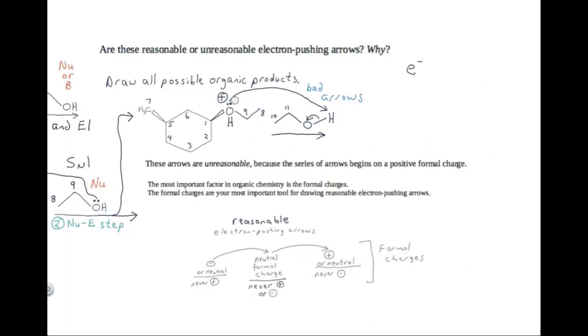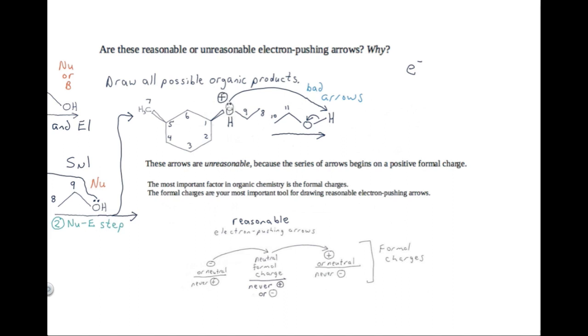Be especially careful to avoid this mistake of putting something positive at the beginning of a series of arrows just because it has a lone pair. When a neutral or negative atom has a lone pair, the lone pair makes it want to donate electrons. But when a positive atom has a lone pair, the positive charge is more important than the lone pair.